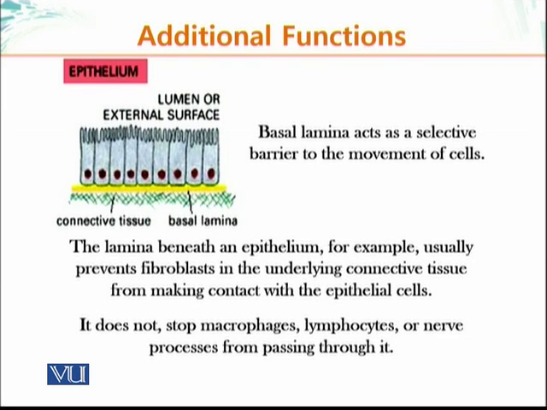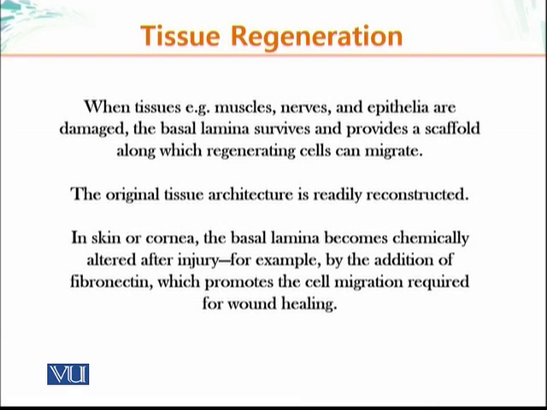So the additional function that I really want to talk about in the context of basal lamina is tissue regeneration. When tissue, for example, muscles or nerves and epithelia, are damaged, the basal lamina survives and provides a scaffold along which regenerating cells can migrate.